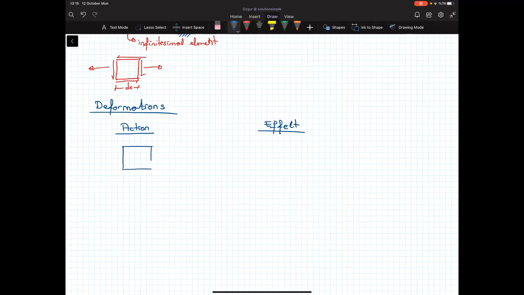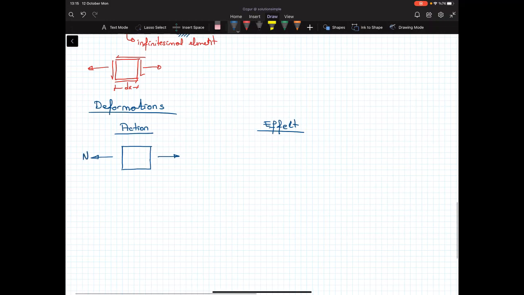Let's take a square, and I apply an axial force, or you can just take a slice from your member, and what you see is the internal axial force on it. So let's call it N, to imply that that's an internal force. So how did we define the deformation due to axial force?